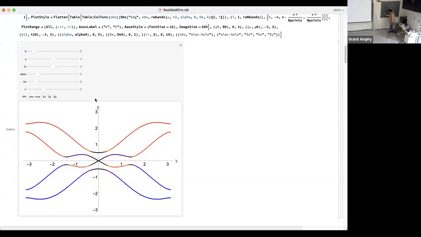So I have delta_S c_k up dagger, c_minus k down dagger, plus the Hermitian conjugate. Okay, but what's the fun ingredient? Sorry, magnetic field. I put sigma y, so it's in the y direction on the wire, and then the spin orbit coupling I pick to be in the z direction, and this is sine k.